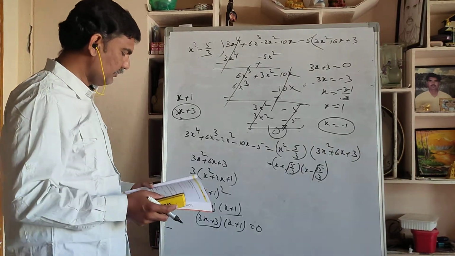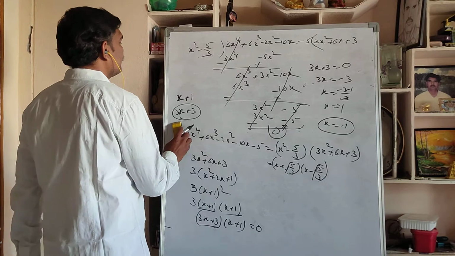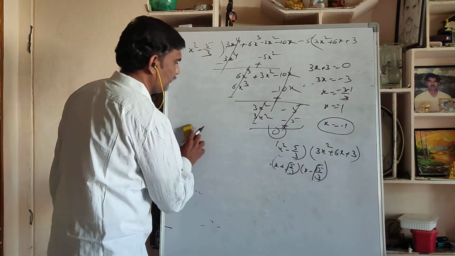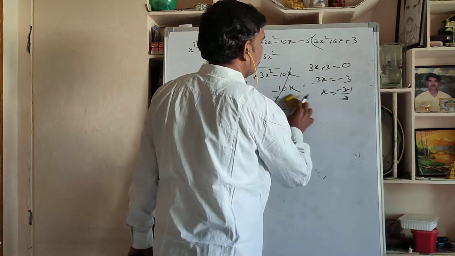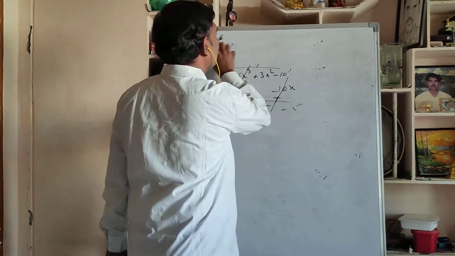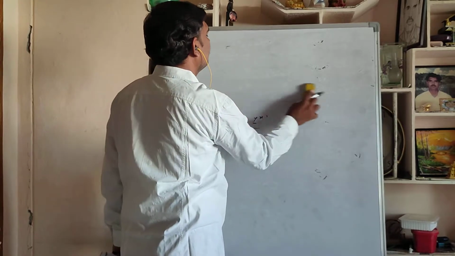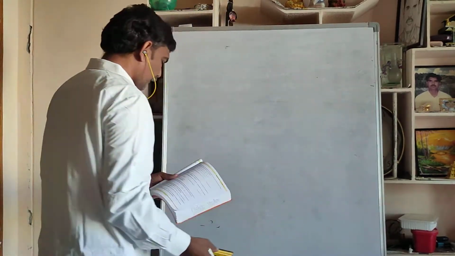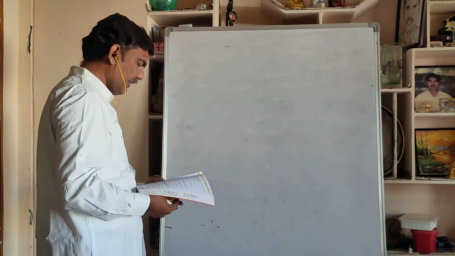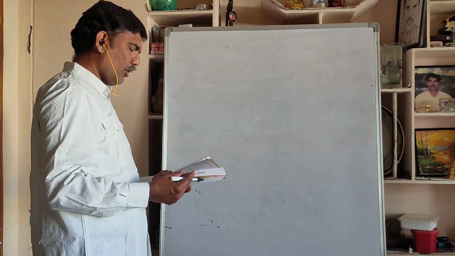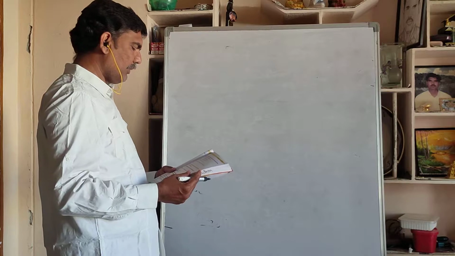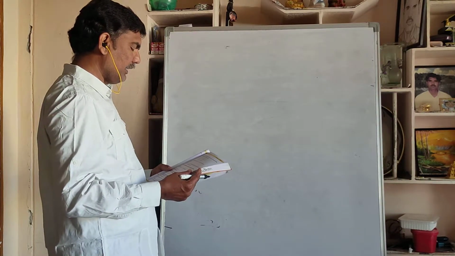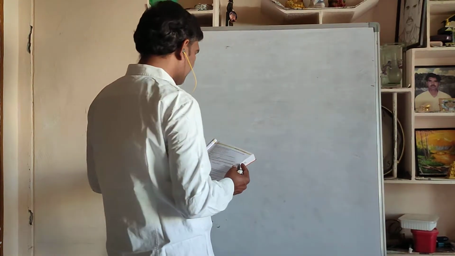Next, which question? Fourth question. What does the fourth question say? On dividing one polynomial by g of x, the quotient and remainder are x minus 2 and minus 2x plus 4 respectively. Find g of x.